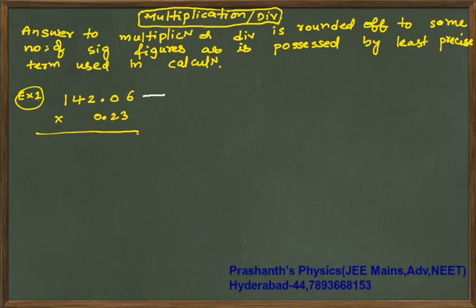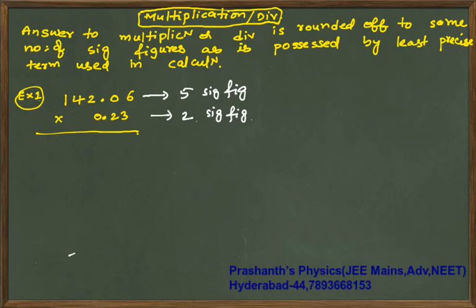So now the number of significant figures are 3 plus 2, here total it is 5, here it is 2. So your final answer must also contain only 2 significant figures. So give the final answer.